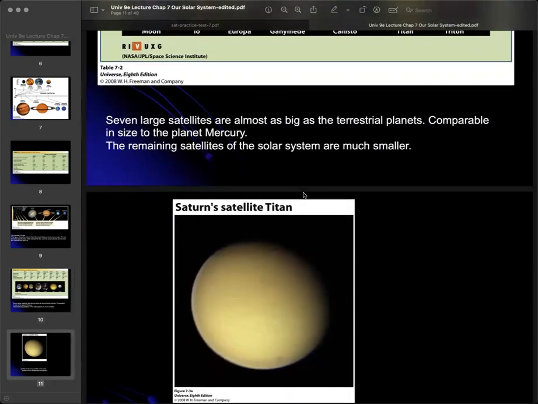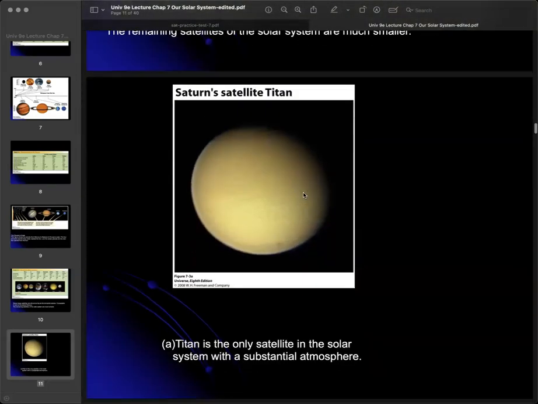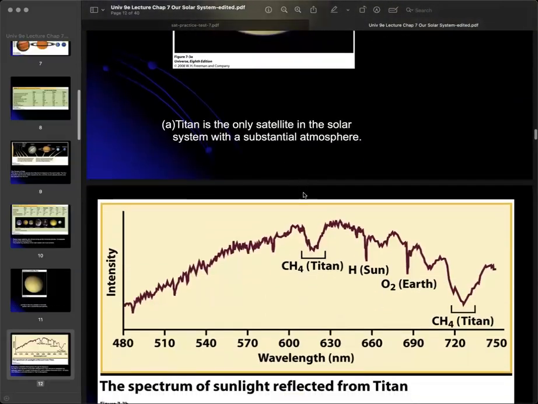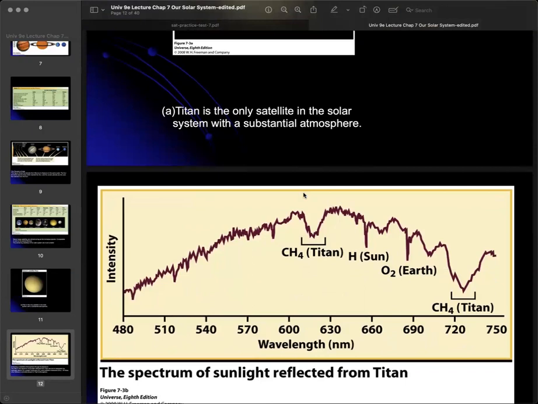Also, we take the light being reflected by Titan and we send it through a spectroscope and make a spectral pattern. And in this spectral pattern, we find these dips, like dark absorption lines, which can only be produced by gases.